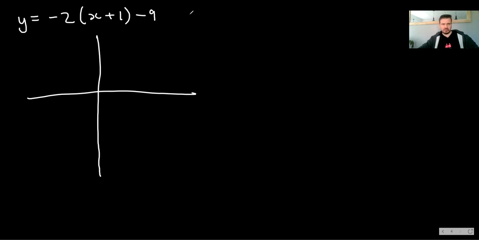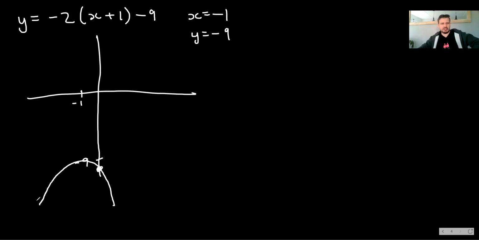So the turning point would be x equals minus 1 and y equals minus 9. And so we'd go, okay, minus 1 would be the x, minus 9 would be here. And it's a sad face. And so it would kind of go like that. Now notice that this doesn't have any x-intercepts, and we're going to deal with that just now.